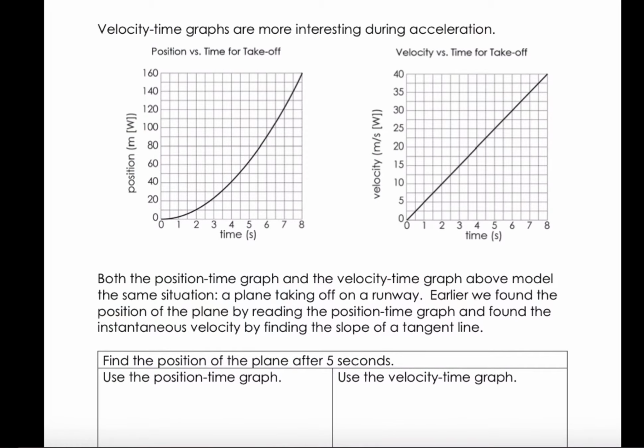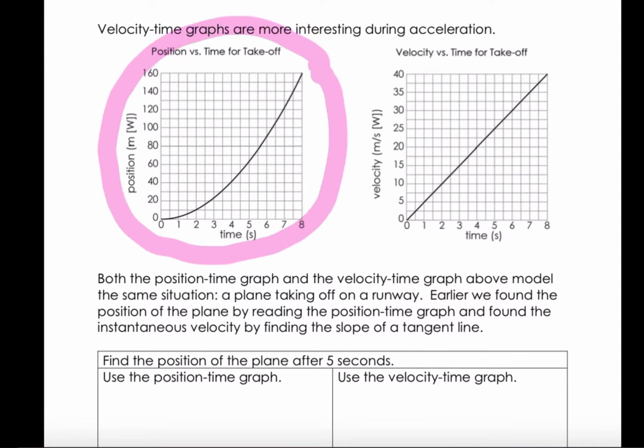So moving on, we have the velocity versus time graphs. Now we're going to be looking at what's happening during acceleration. You should be familiar with acceleration for position versus time graphs.